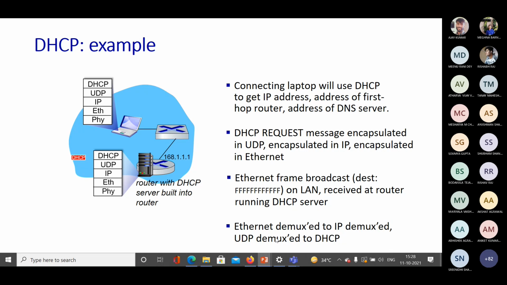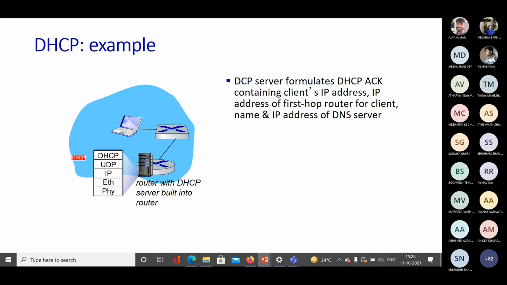Now the Ethernet will demultiplex that to IP, and then layer by layer it gets demultiplexed. The entire frame that has been received then goes to DHCP. Now, what does the DHCP server do when it gets this information? It formulates the DHCP acknowledgement containing the client's IP address.